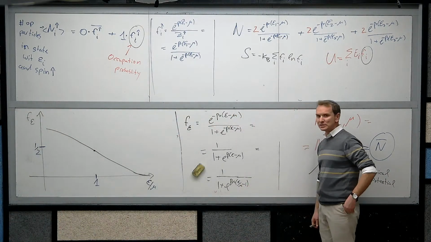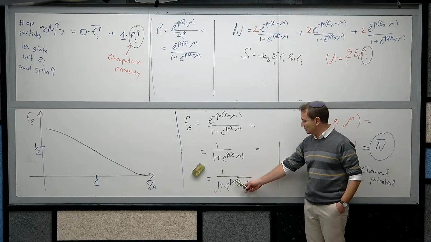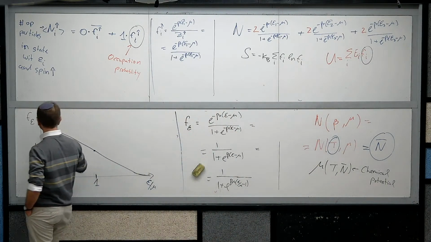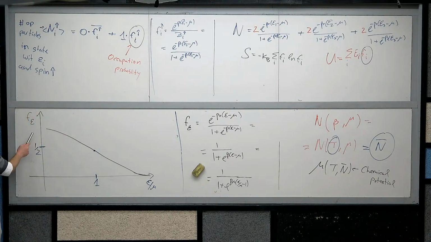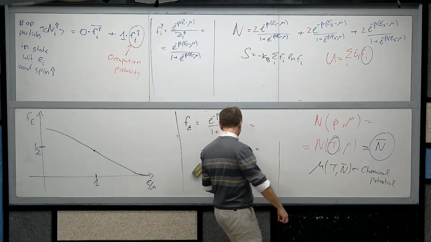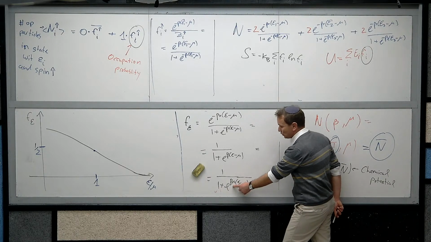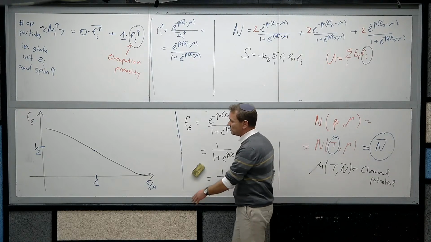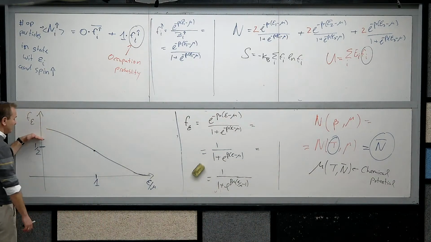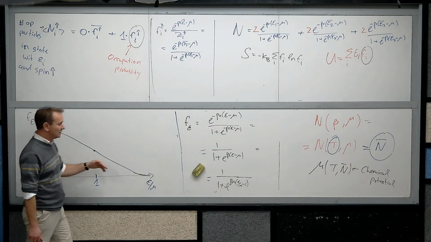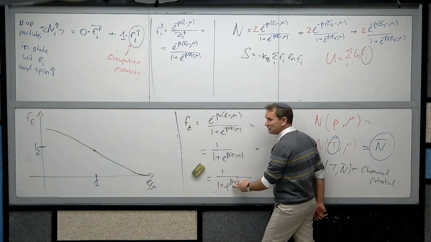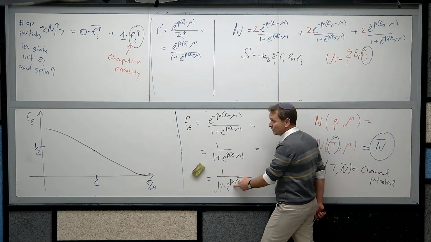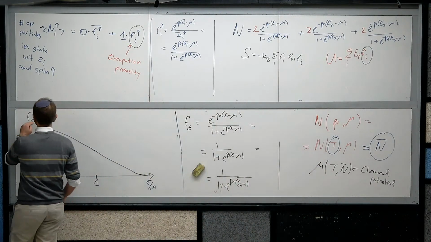Now, I cannot say that I only know that this is a negative number, but actually as epsilon goes to 0, the number to which it converges is going to depend on beta mu. If beta mu is very small, this number is going to be just a little bit above 1/2. But if beta mu is very large, I'm going to have a convergence towards 1.